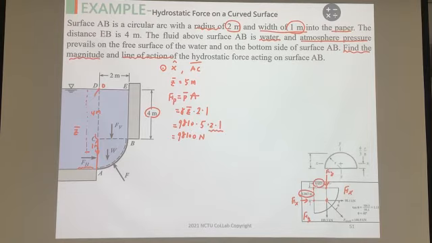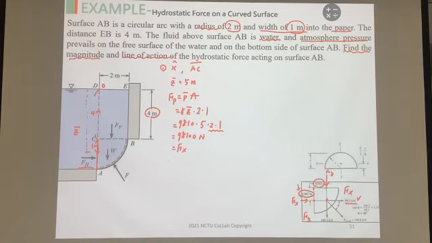You can check the answer. This is actually equal to Fx, because we only have the force along the x direction, so the answer shown here is correct. This is for the Fx direction, but we haven't determined the location yet.